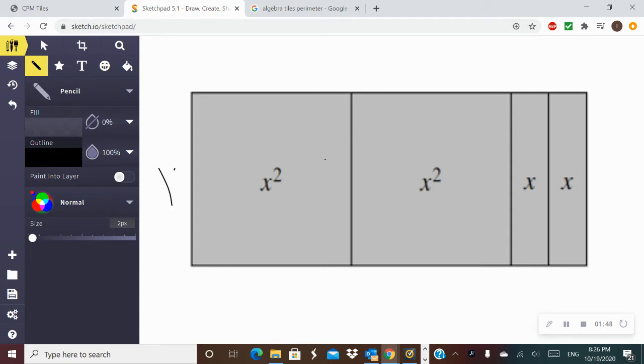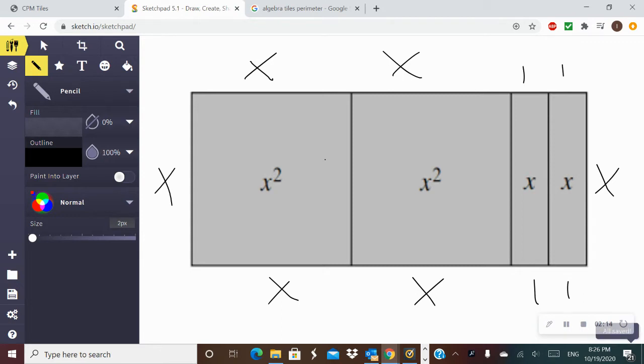So we have an x here, an x here, an x here, an x here, and here. So we have 1, 2, 3, 4, 5, 6x. We have 6x. So now we have to find the ones. As you can see, we only have ones right here. So 1, 1, 1, 1.